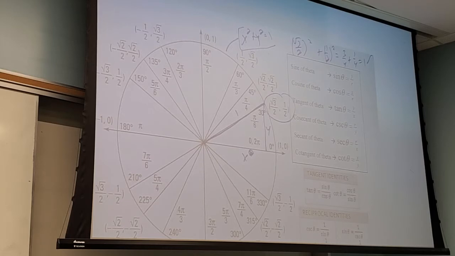What else is going to be negative? Tangent and cotangent, because they're sine divided by cosine, right? What about secant? Secant's automatically negative because it's 1 over cosine. What about cosecant? Positive because it's the flip of the sine, right?